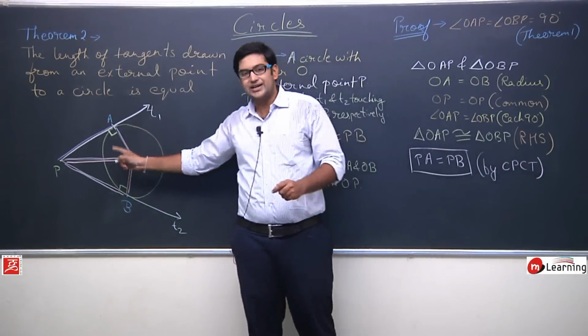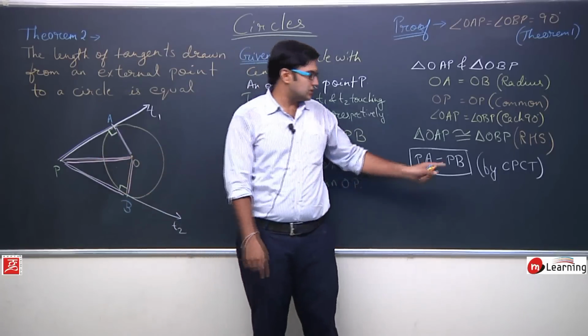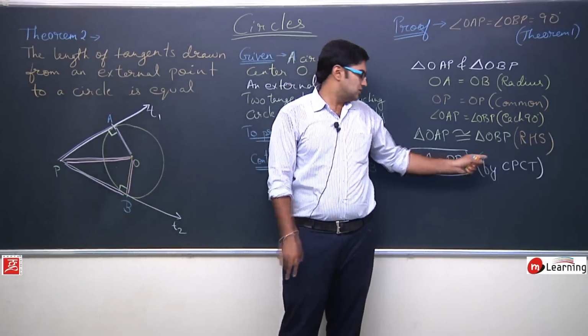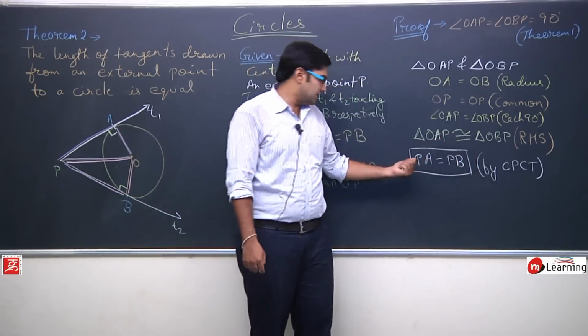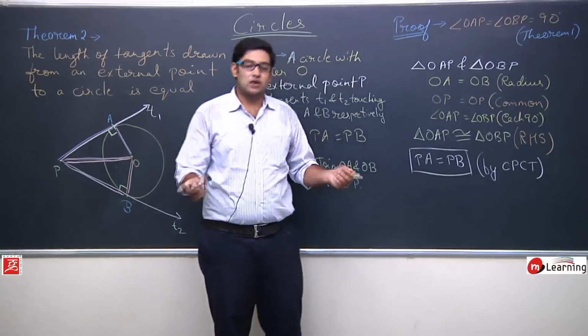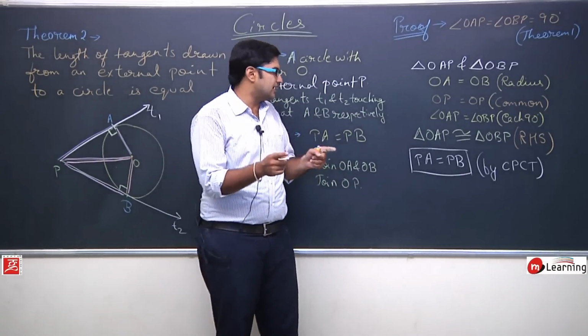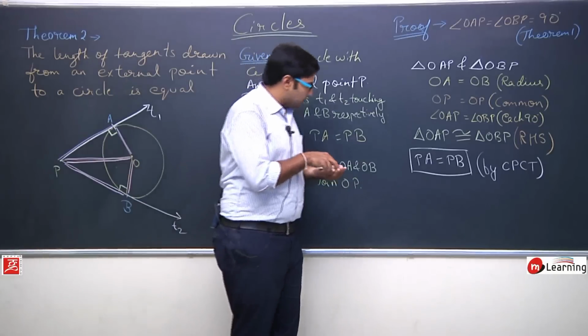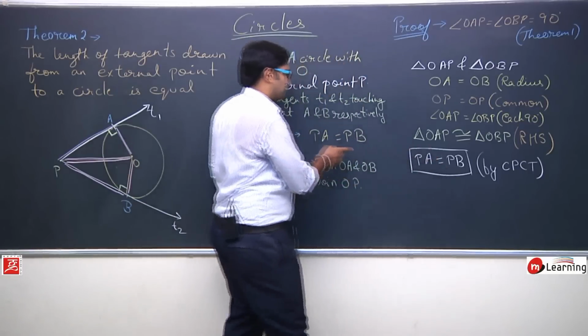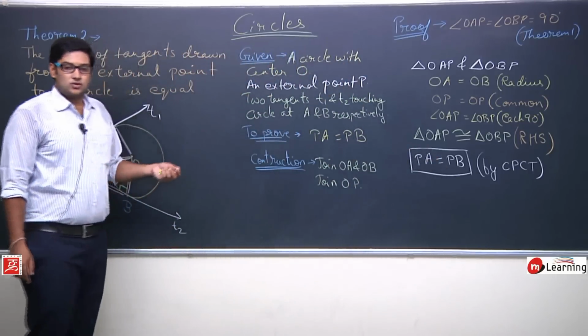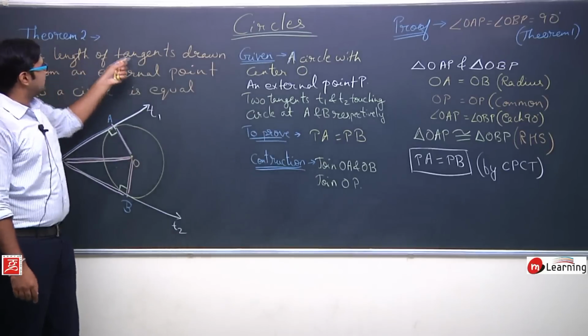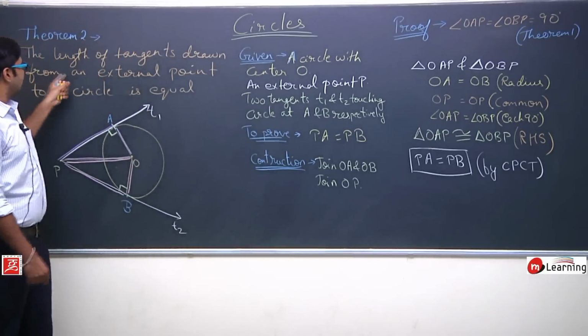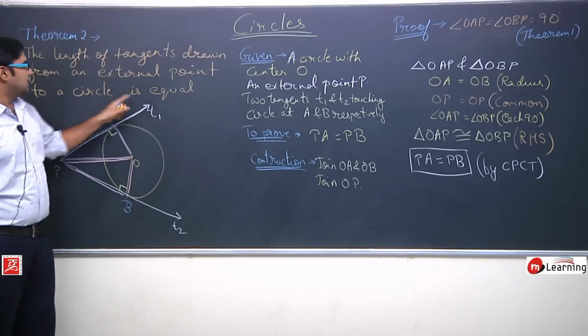We have these two congruent triangles and PA and PB are the corresponding parts of these triangles. That's why PA and PB are equal. The corresponding sides of these two triangles are equal. Okay. So this is what we have to prove. So the lengths of the tangents drawn from an external point to the circle are equal.